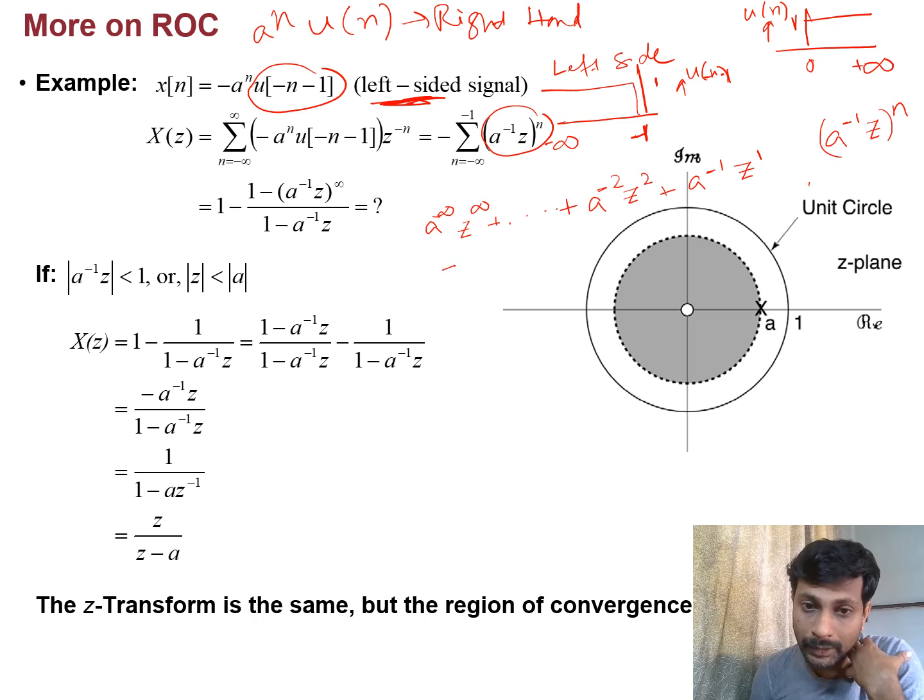The first term is a to the power infinity z to the power infinity, like this, then a to the power minus 1 z to the power 1, and the last term will be a z.